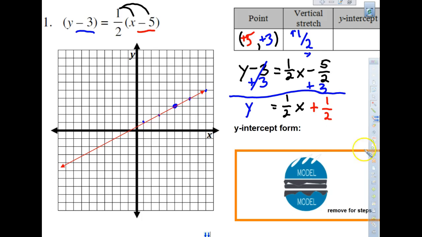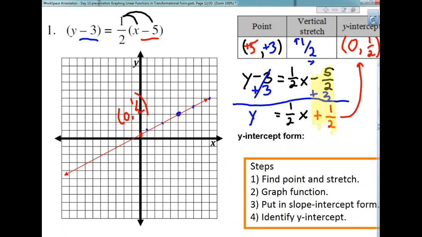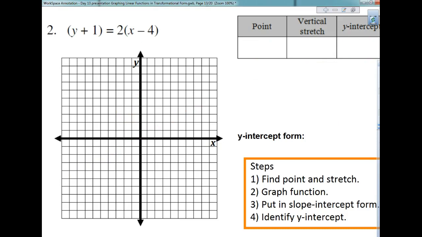There we go. So our y-intercept would be this number, whichever comes out, 0, 1/2. All right, so there you go. A few more. There will be some other variations, but this is the gist of it.